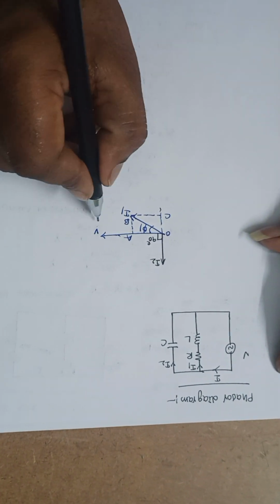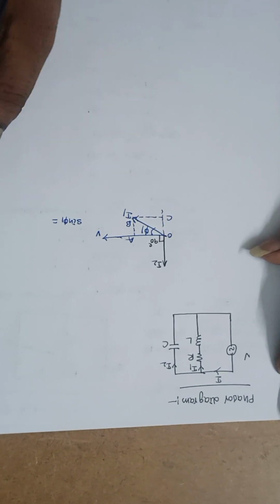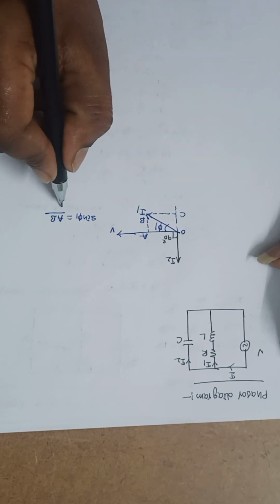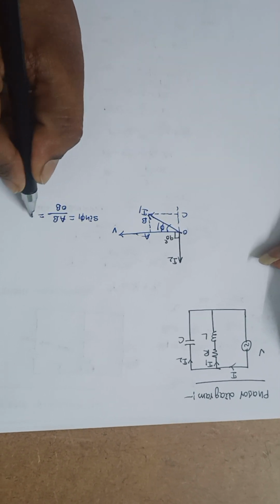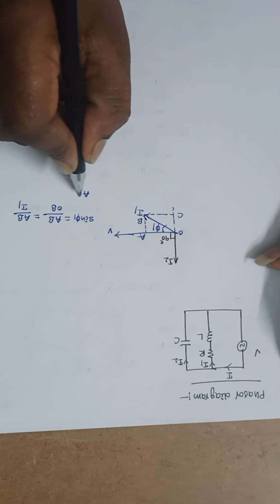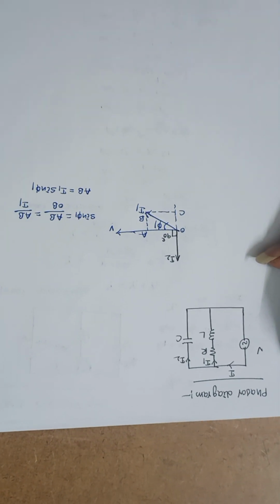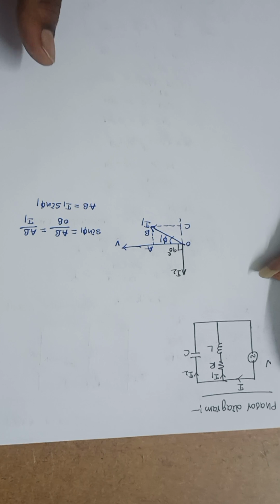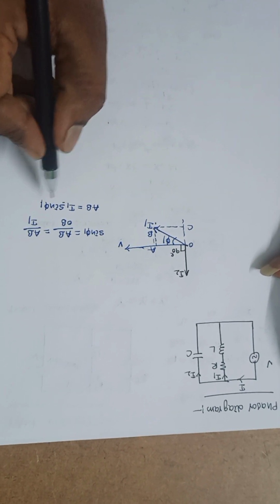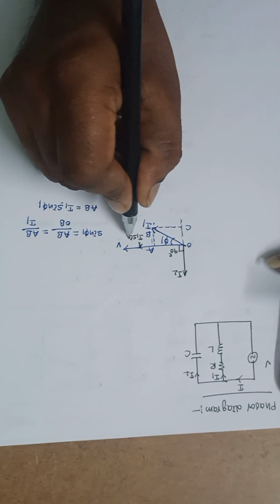We know that, let us write sin phi 1. Sin phi 1 is equal to AB, opposite side by hypotenuse, that is OB. And AB divided by hypotenuse is here I1. So AB is equal to I1 sin phi 1. That means from here to here it is I1 sin phi 1.